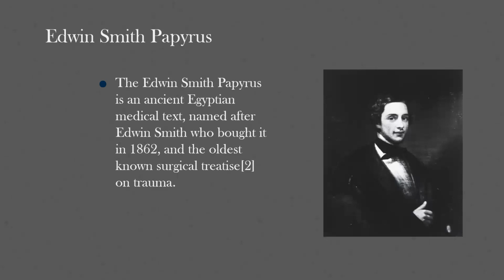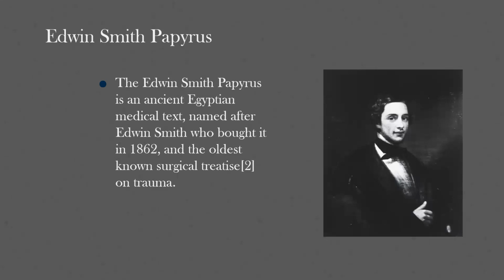Sometimes we do things that we just feel like doing without knowing the significance of what we are doing. Edwin Smith was in a similar situation. He was an Egyptologist and he happened upon a papyrus scroll which he thought would be relevant to what he was doing.